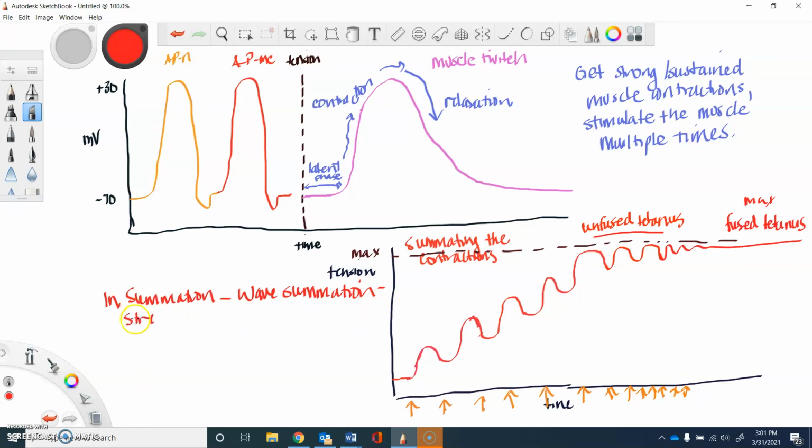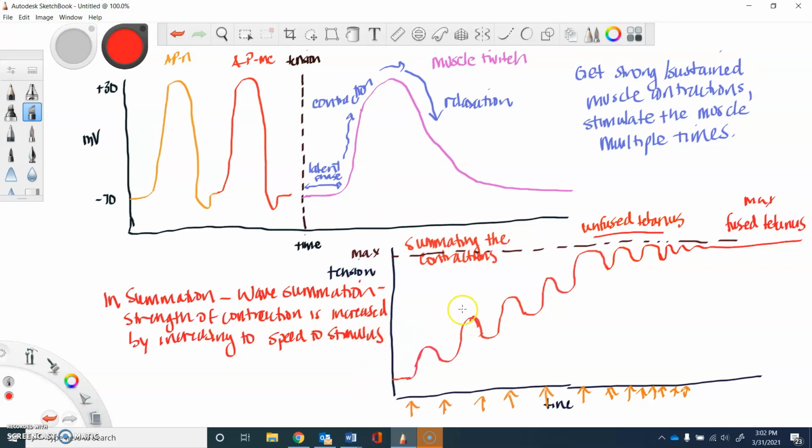So strength of contraction is increased by increasing the speed of stimulus.